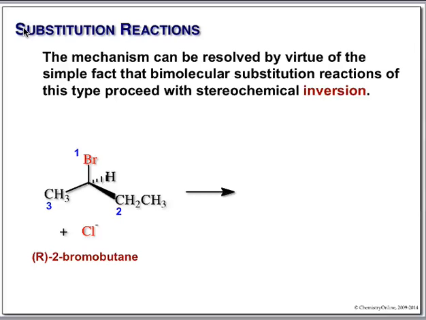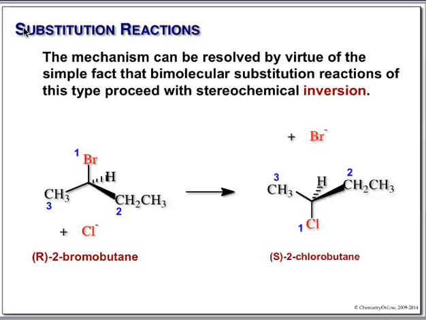Okay? When you do this substitution reaction, you get 2-chlorobutane. Let's do our ordering here. This is going this way. This is S, 2-chlorobutane.